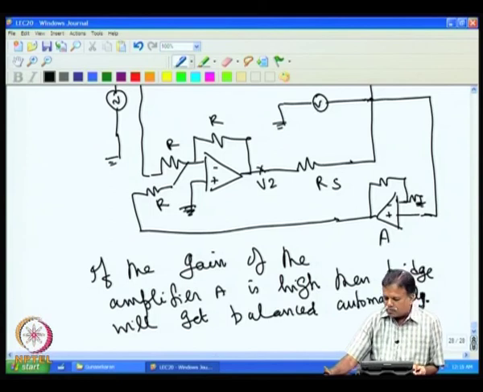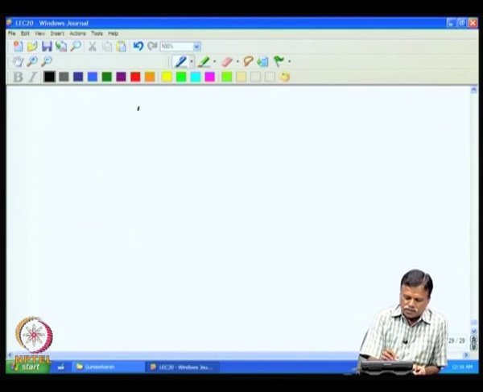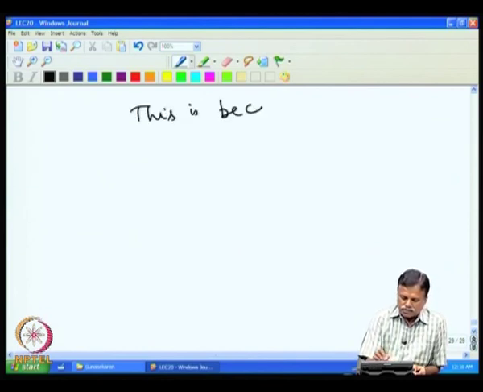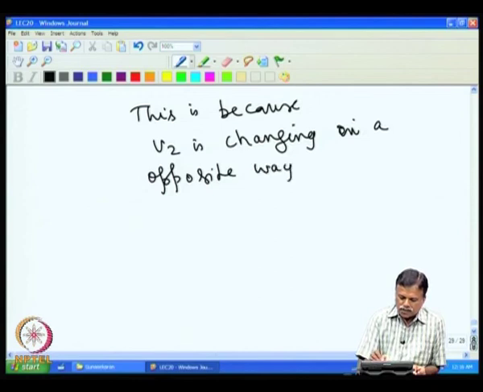This is achieved by varying V1 and V2. This is because V2 is changing in the opposite way to the error voltage.